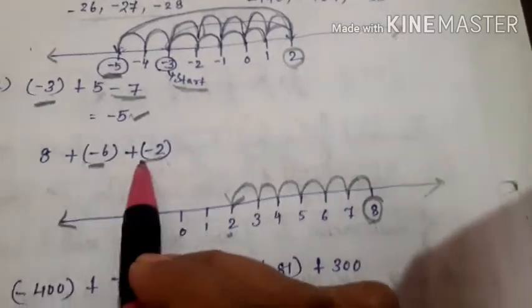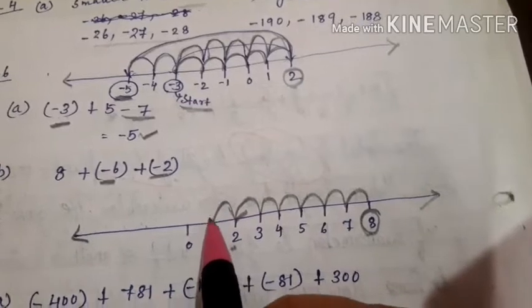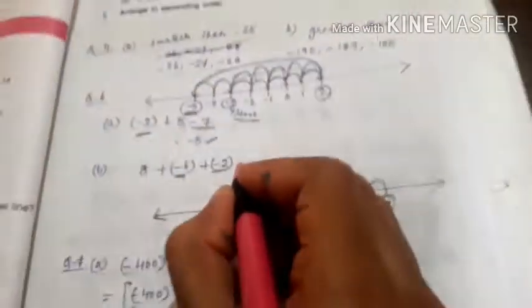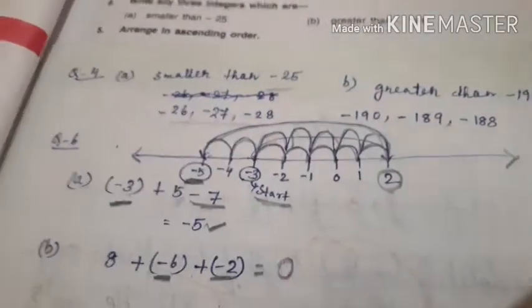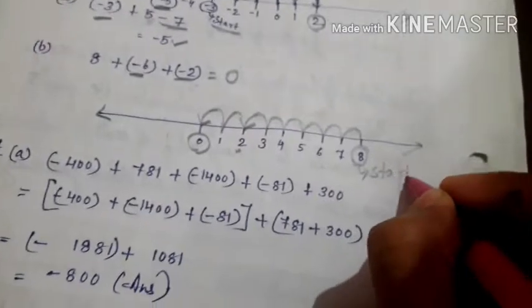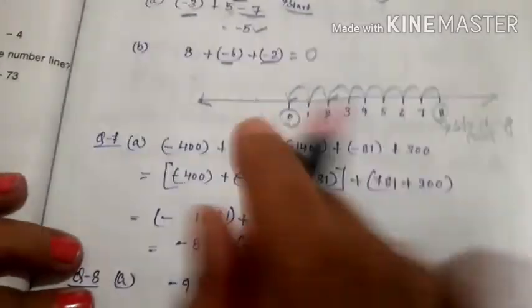Then go to minus 2. Minus 2 also, you go 2 steps to the left side: 1, 2. Where do you reach? 0. Your answer you write here, 0. Okay. This is the starting point, not your answer. This is the starting point or starting integer.